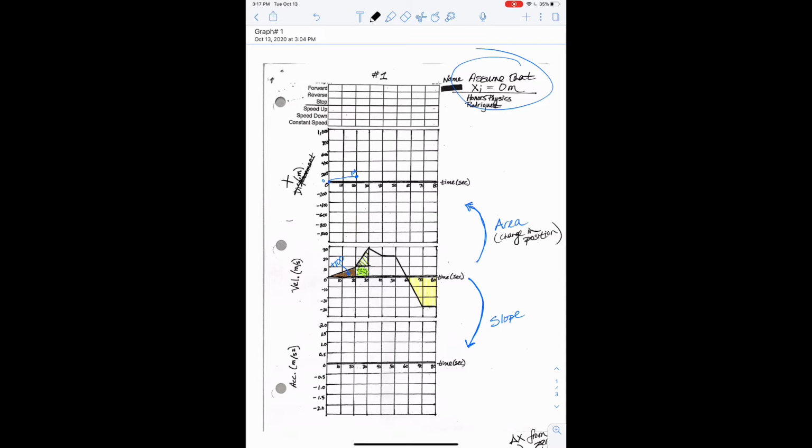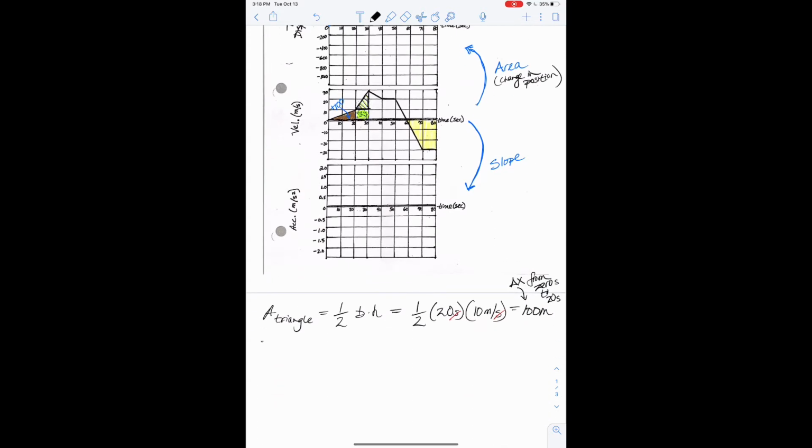All right. So for the top triangle, go ahead and draw a line there. For the top triangle, we have area equals 1/2 base times height. Base is 10 seconds. What is the height of that triangle? We have 30 minus 20, right?